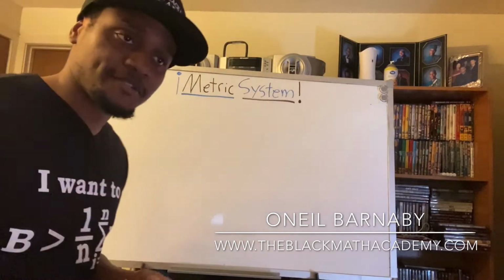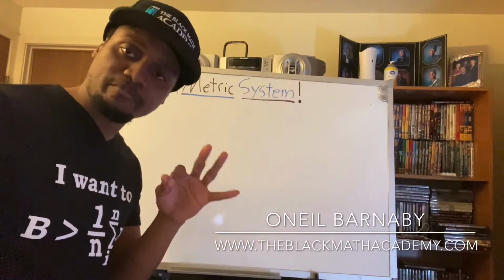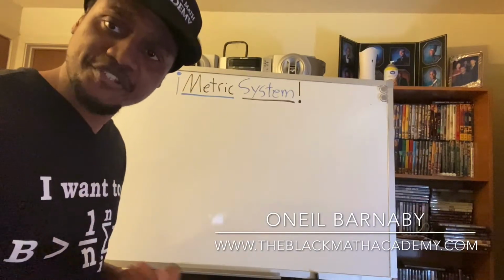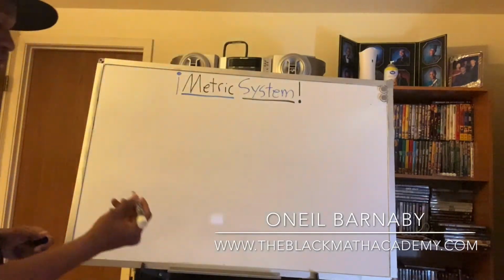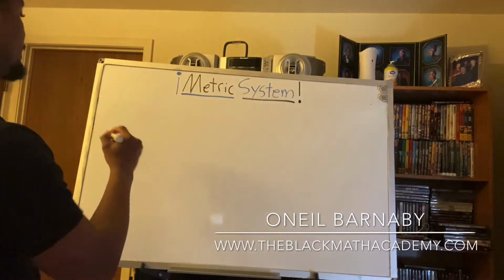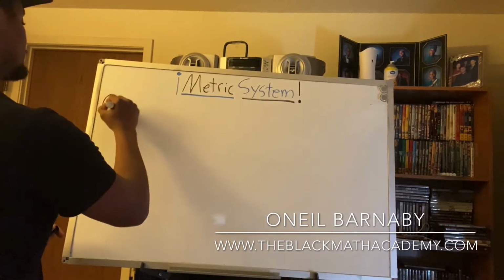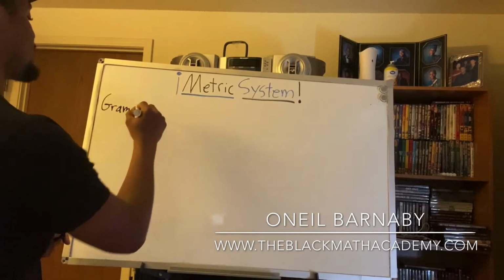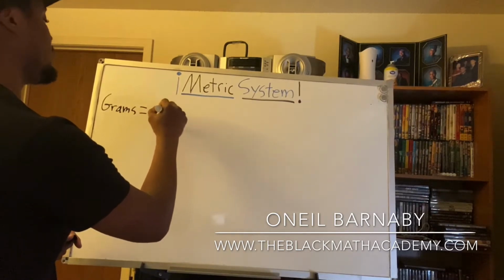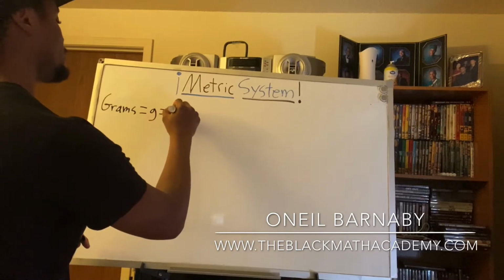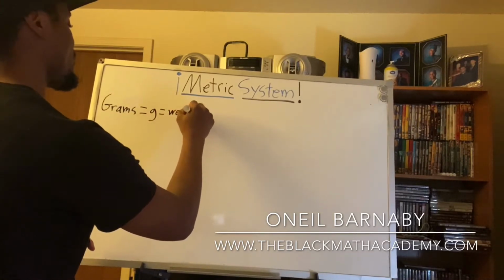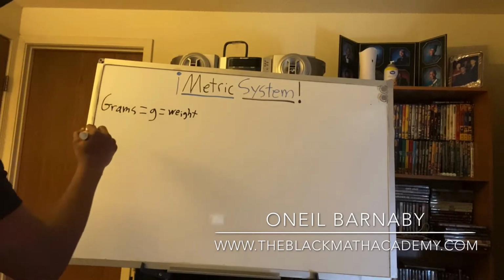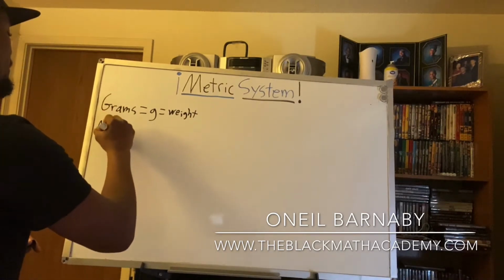So the metric system uses three basic units of measurement. There are more, but I'm going to talk about just the three basic ones for now. So the first one is grams. That is designated with the letter G, and that measures weight. After grams, you have meters.